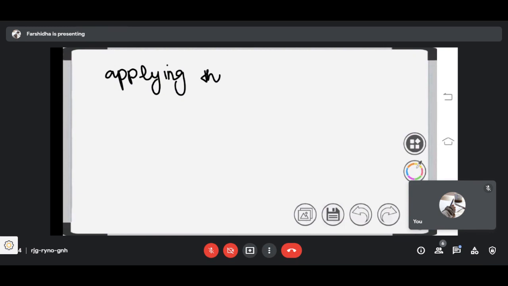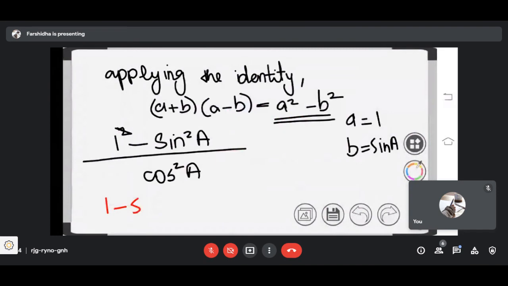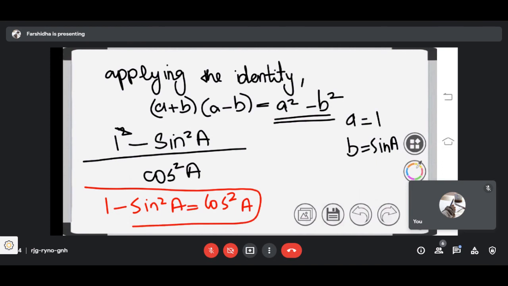So I told you, 1 minus sin square A is what? From identity number 1, 1 minus sin square A equals cos square A. I have given you this formula, so you can replace this one.